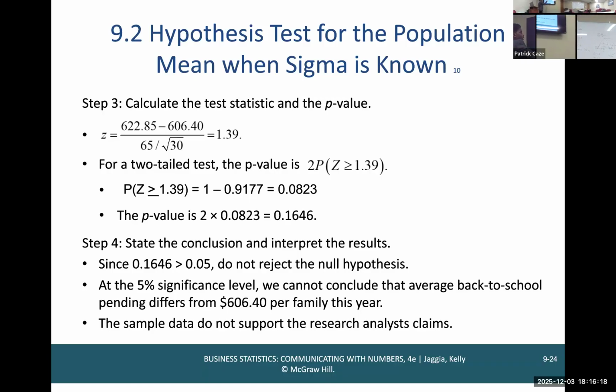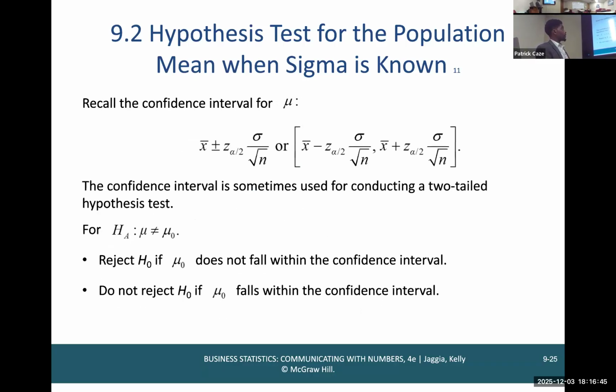So we cannot conclude that average back to school spending differs from 606 per family, okay? Notice, we're just saying we can't conclude whether or not it's different. We can't say whether it's less or more. We just don't have enough evidence, okay? So we move on, right? We don't reject the null, okay? We keep it safe. All right.